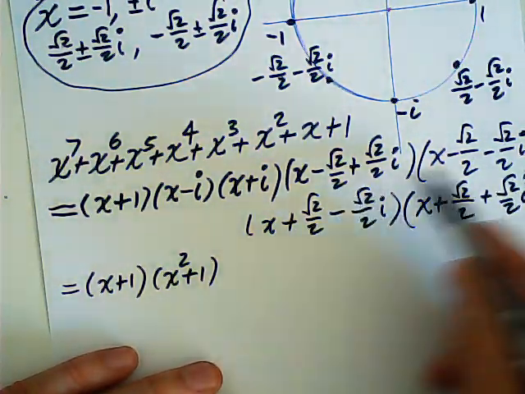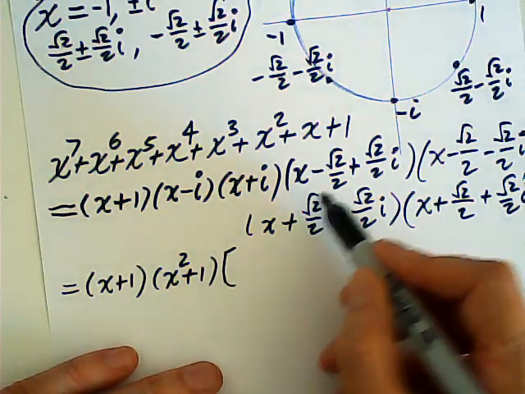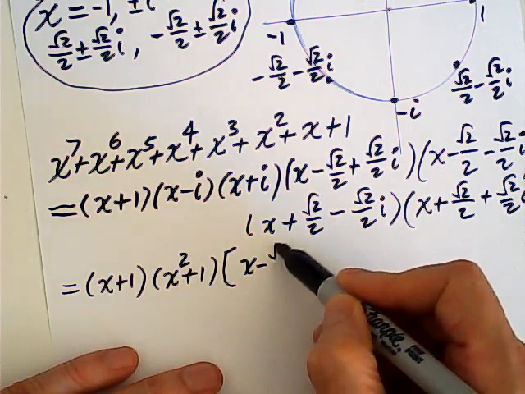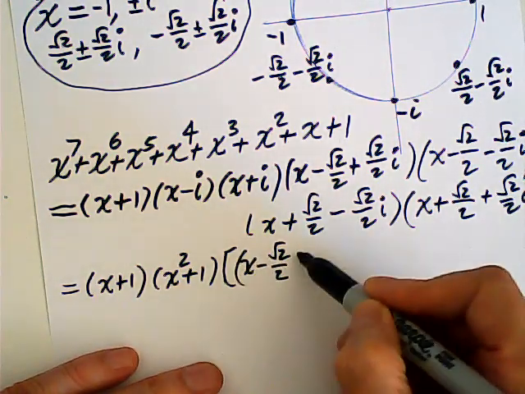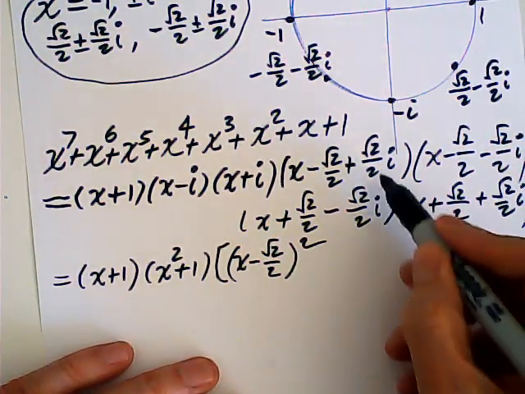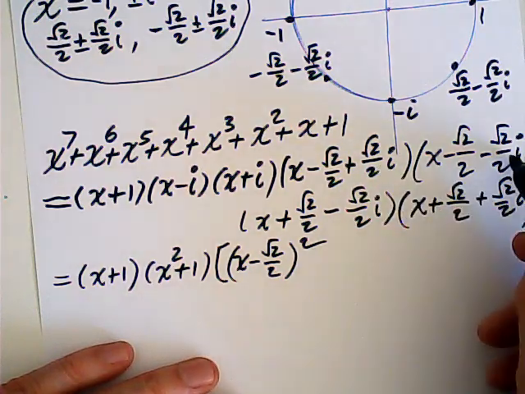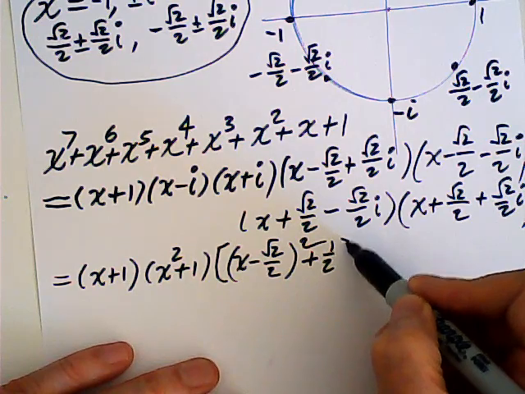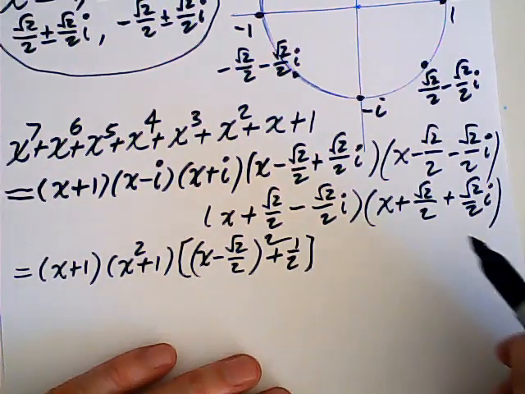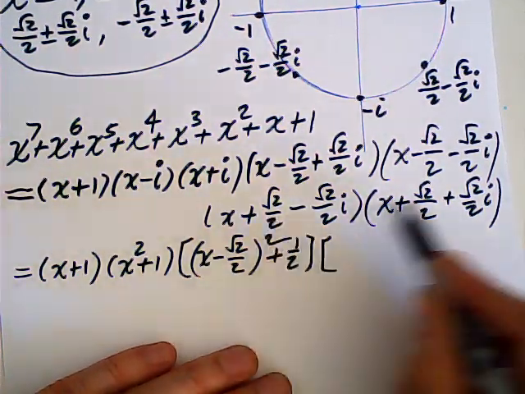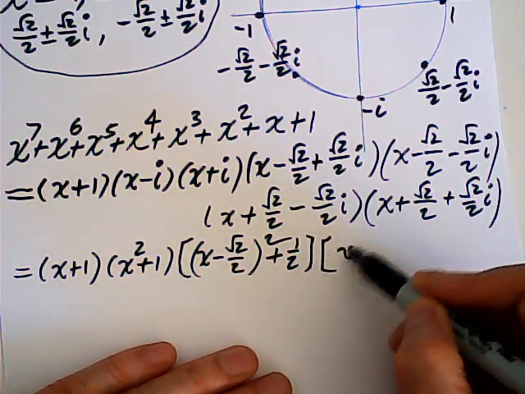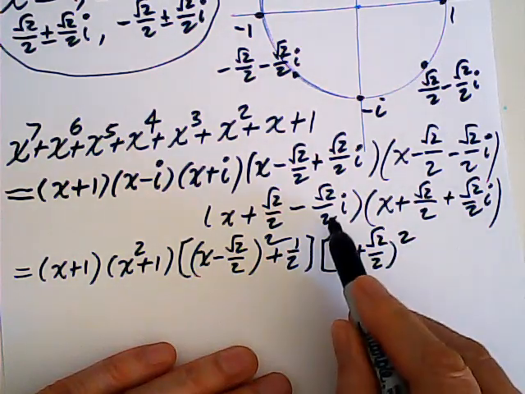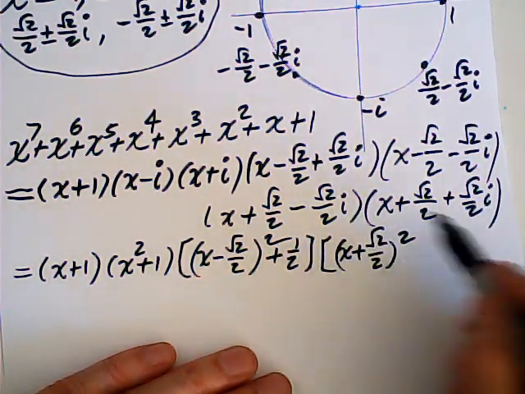And for these two, you have x minus root 2 over 2 squared, minus this squared, right? This squared is plus half. Yeah. And for these two, you have x plus root 2 over 2 squared minus this squared equal to half.